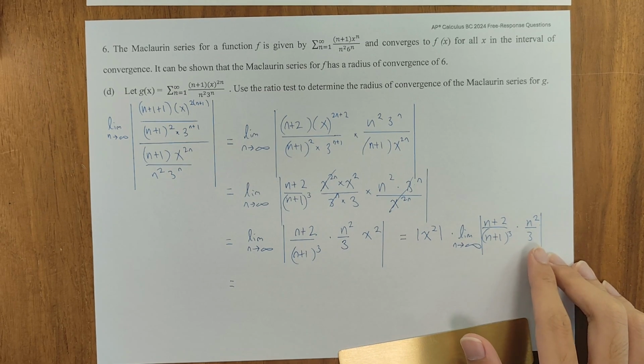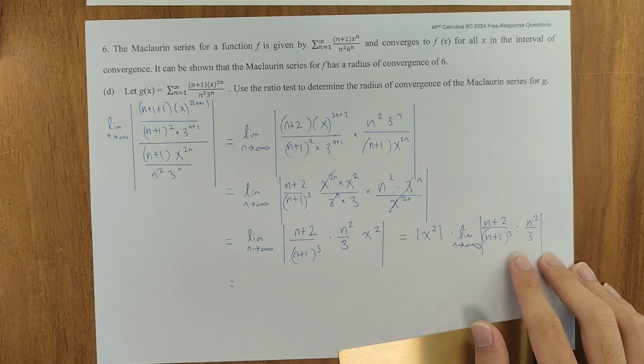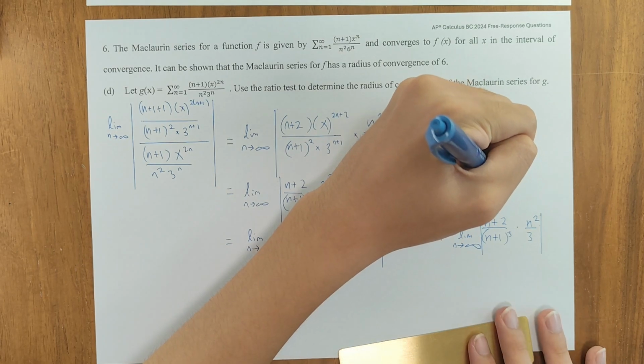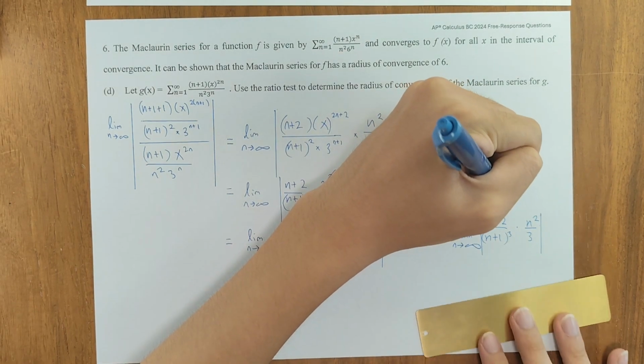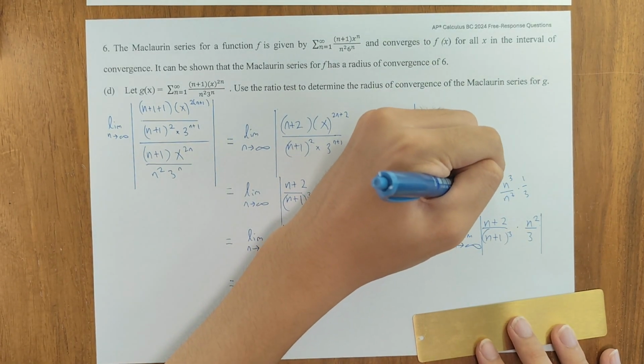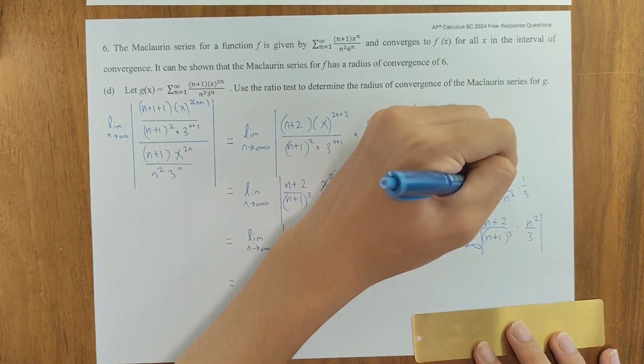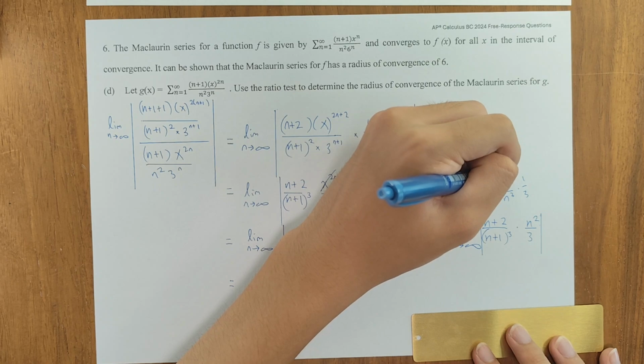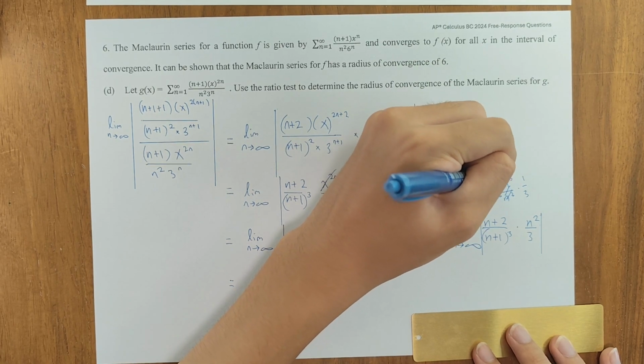Because this 3 is a multiplier, it cannot be omitted. So we get basically n cubed over n cubed times 1 over 3. By limit properties, n cubed over n cubed goes to 1.